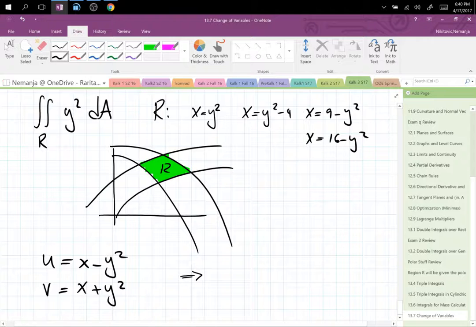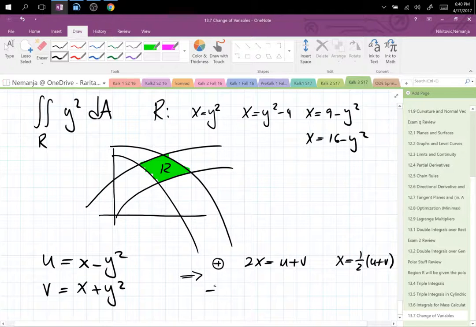If I add equations, I will have 2x, y's are dead, so 2x is equal to u plus v, from where x is equal to 1/2 (u plus v).